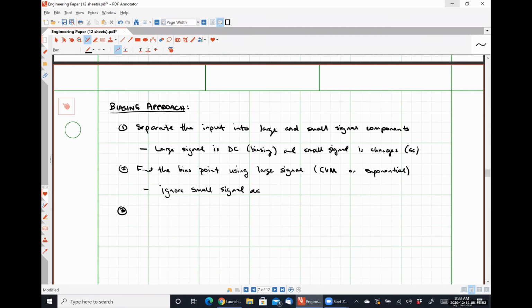Step three, after determining the bias point, calculate changes using the small signal model.